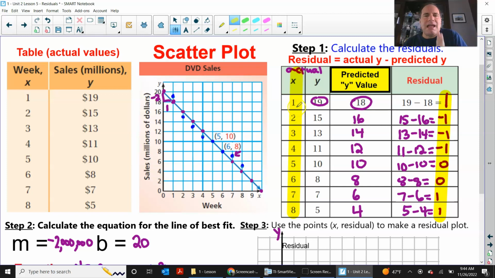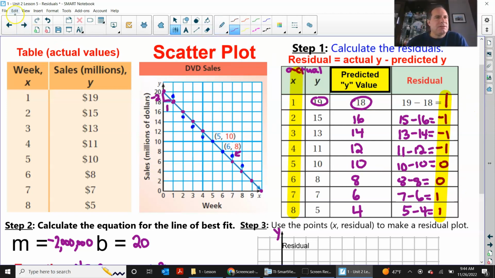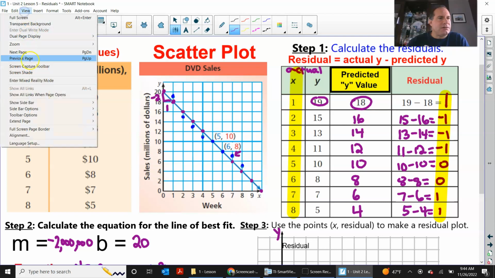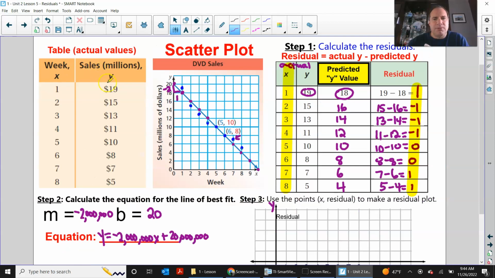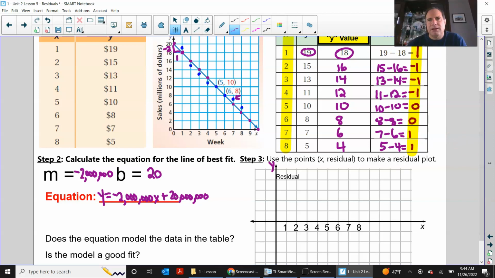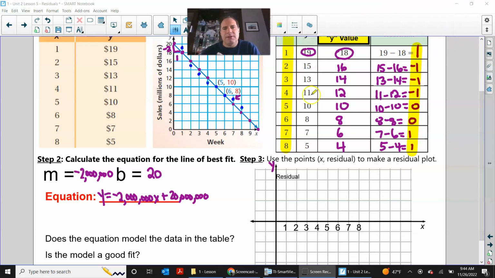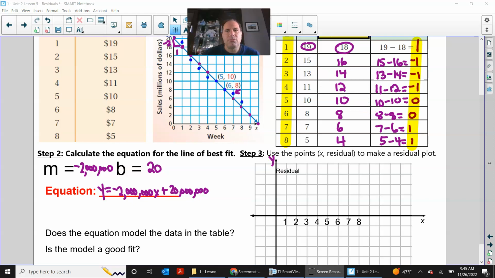So when there's an actual X of 1, the residual is 1. I'm going to go back and forth with this, and maybe let me change the view so you could see both. So when the X is 1, the residual is actually 1.